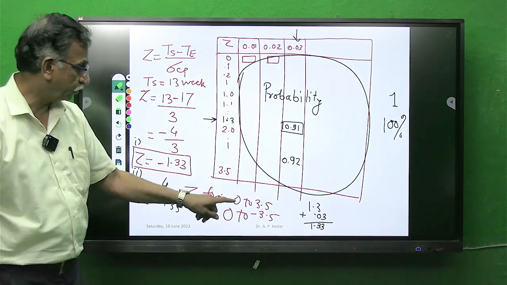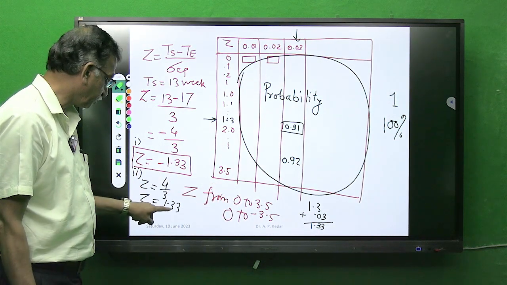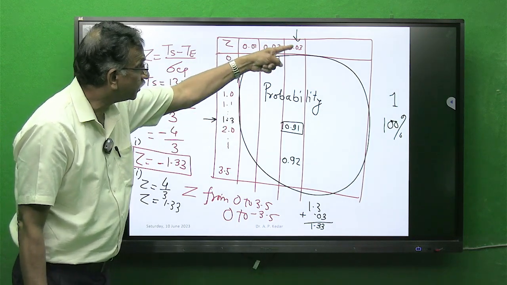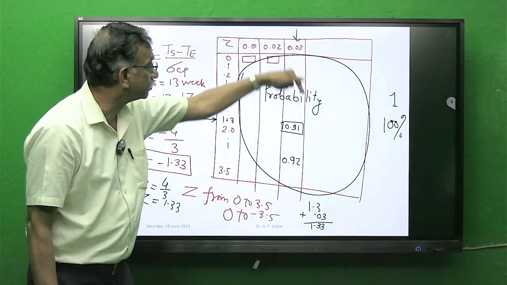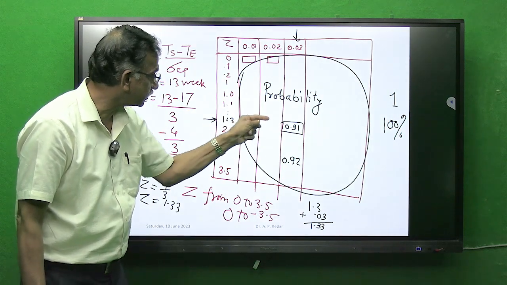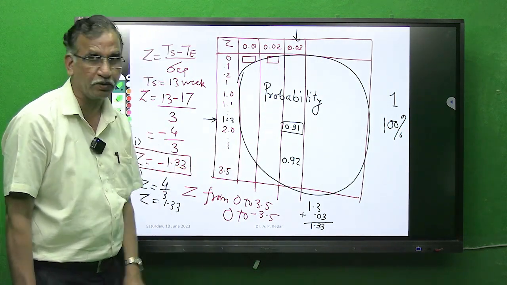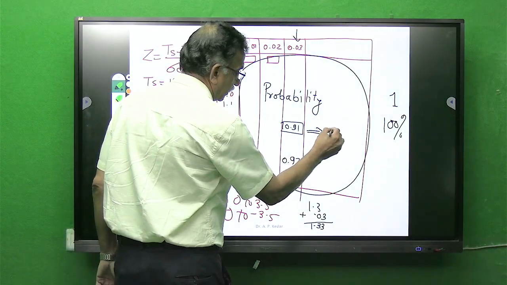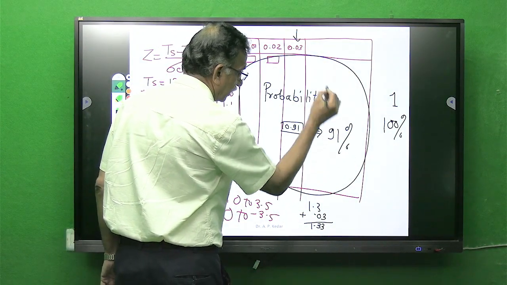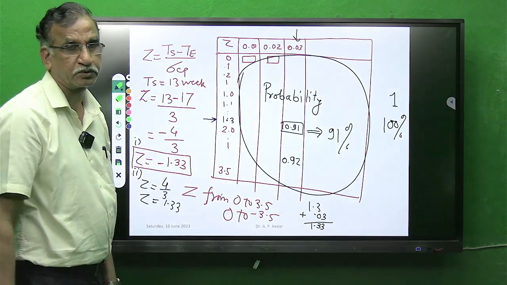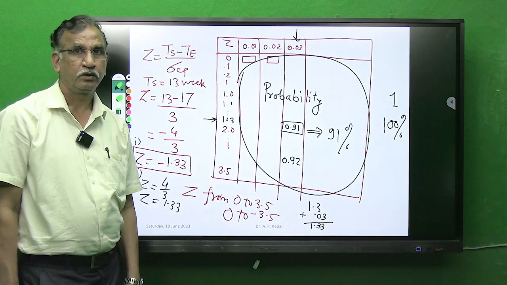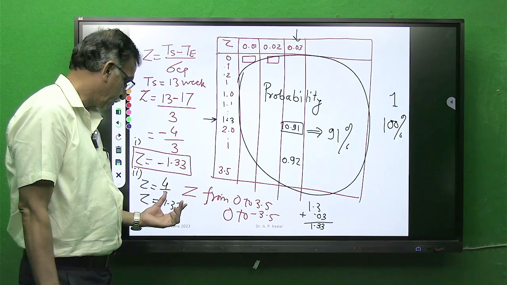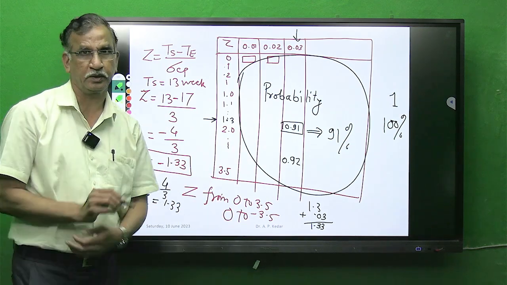So I will read this value for Z equal to 1.33 as row 1.3, corresponding column of difference 0.03, value at the intersection of this row and column 0.91. I will convert this into percentage and my answer will be, arbitrarily I am telling, 91%. We'll see what the actual value is in the next lecture, but how to read it I am telling.